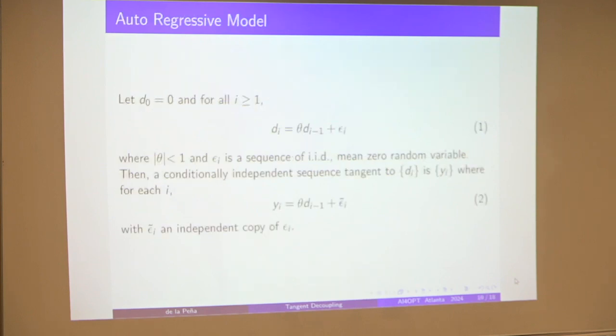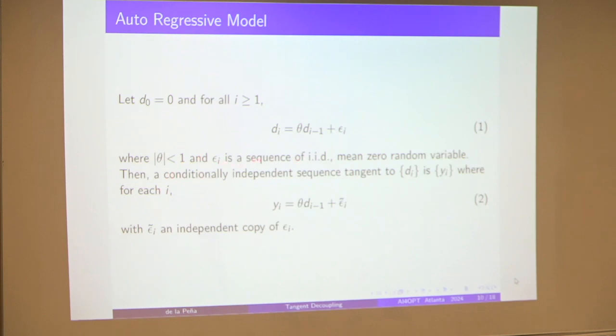Here is an example of how you do this with an autoregressive model. This applies to time series in particular. If you're interested in decoupling time series, this is one way of doing it. Suppose you have a time series d sub i defined by d sub i equals theta d sub i minus 1 plus epsilon sub i, with the absolute value of theta less than 1.